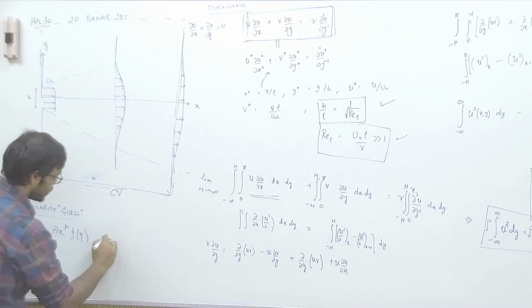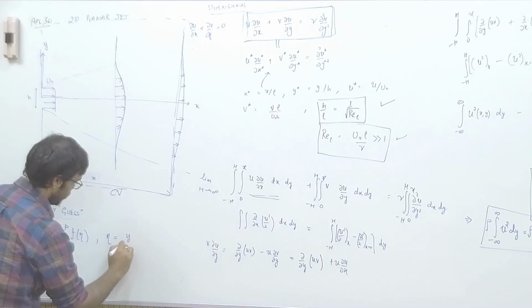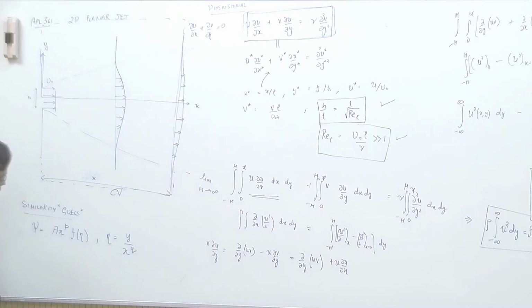The idea is we start with this similarity guess, with constants A and B here. Instead of writing the guess for velocity, I am writing it for the stream function. So this is your stream function.